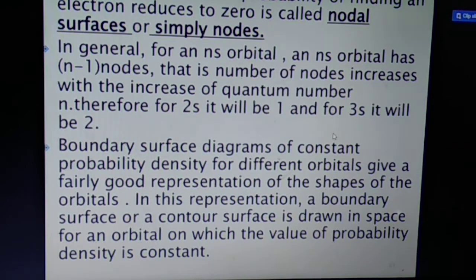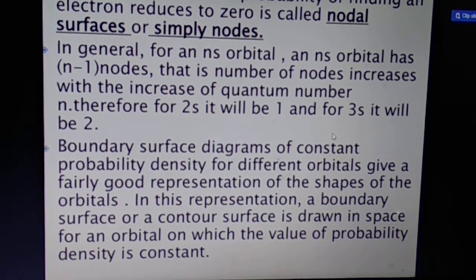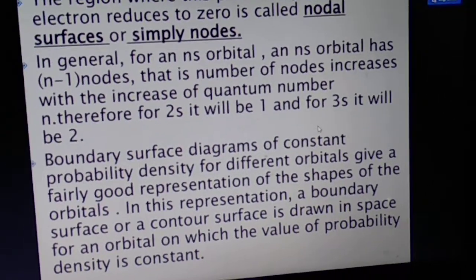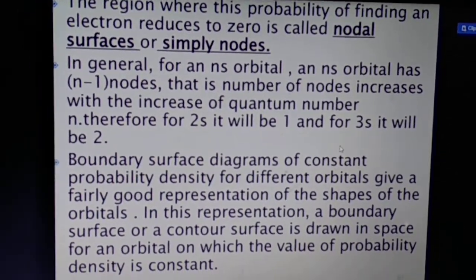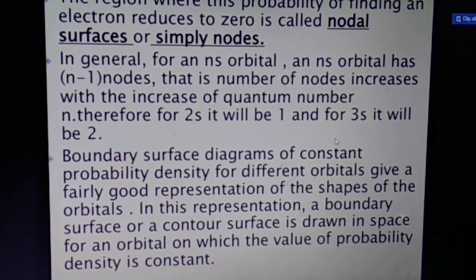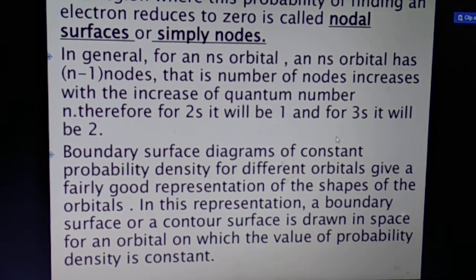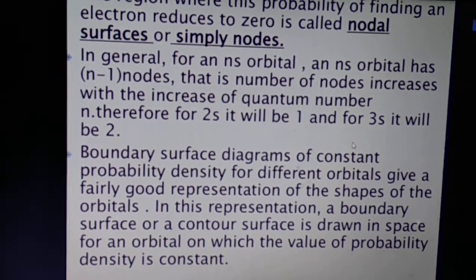Now students, let's go to the other topic. The region where the probability of finding an electron reduces to 0 is called a nodal surface or simply nodes. What is a nodal surface?